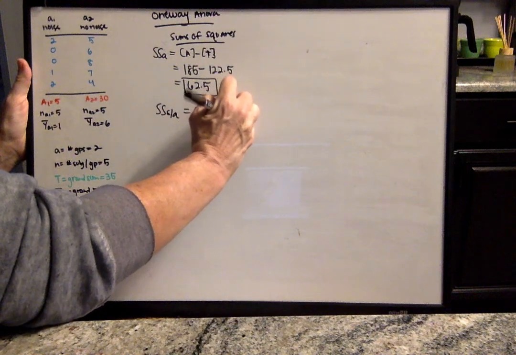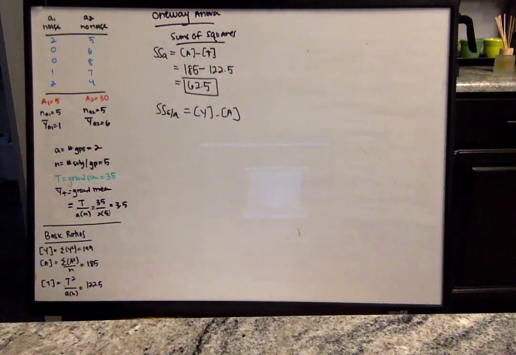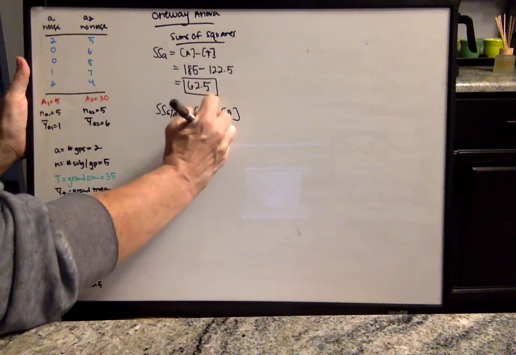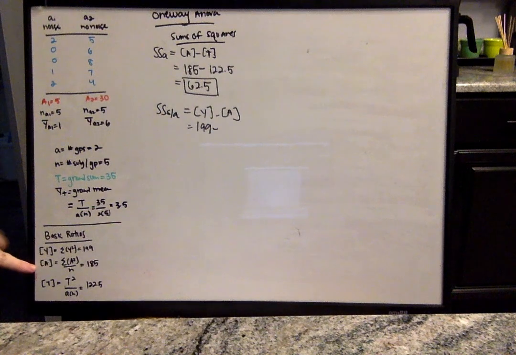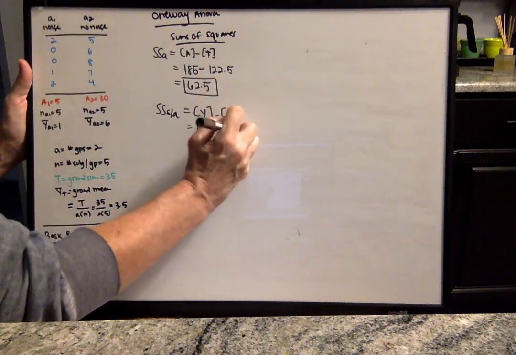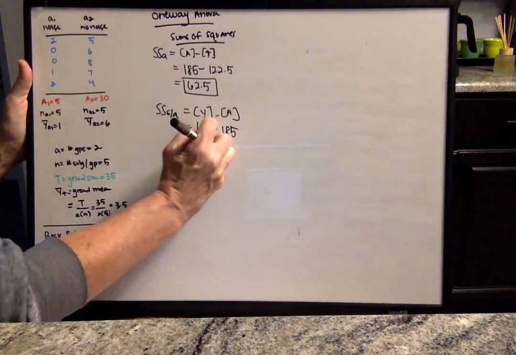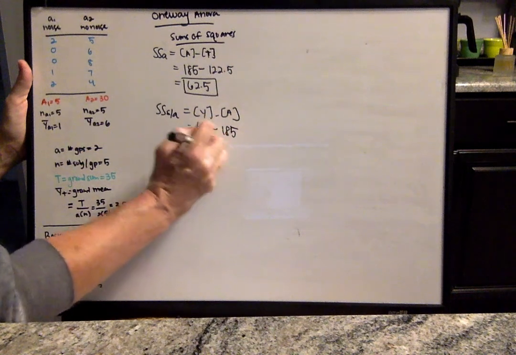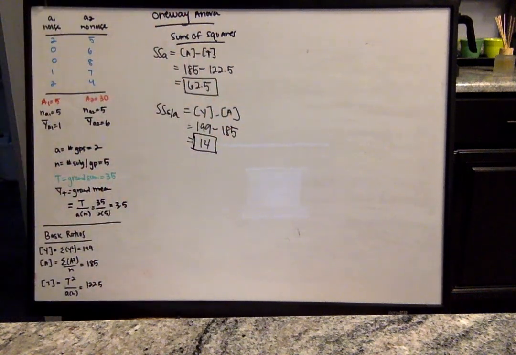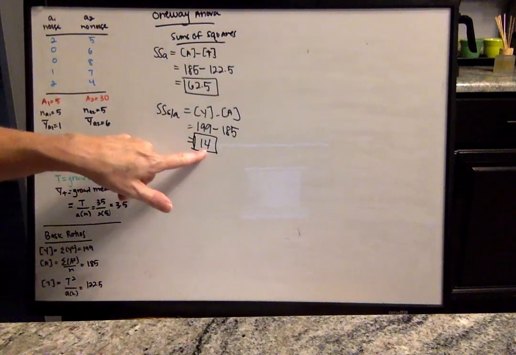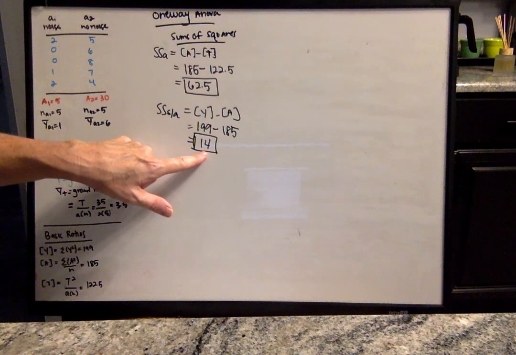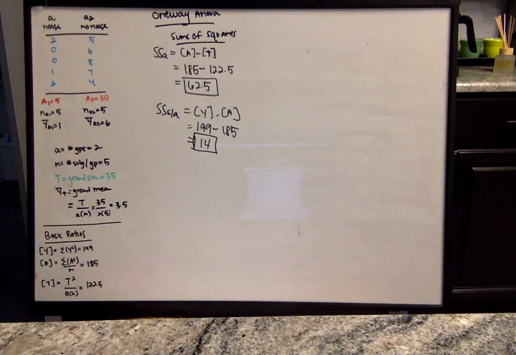It's the basic ratio for Y minus the basic ratio for A. So it's going to be 199 minus 185. And when we do this, this equals 14. Again, I encourage you to go back and look at when we did this the long way. This number should be the same.